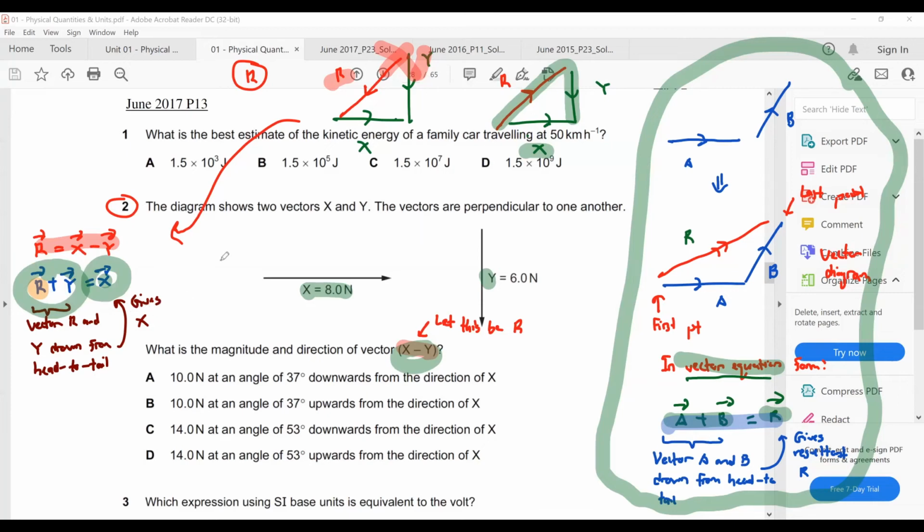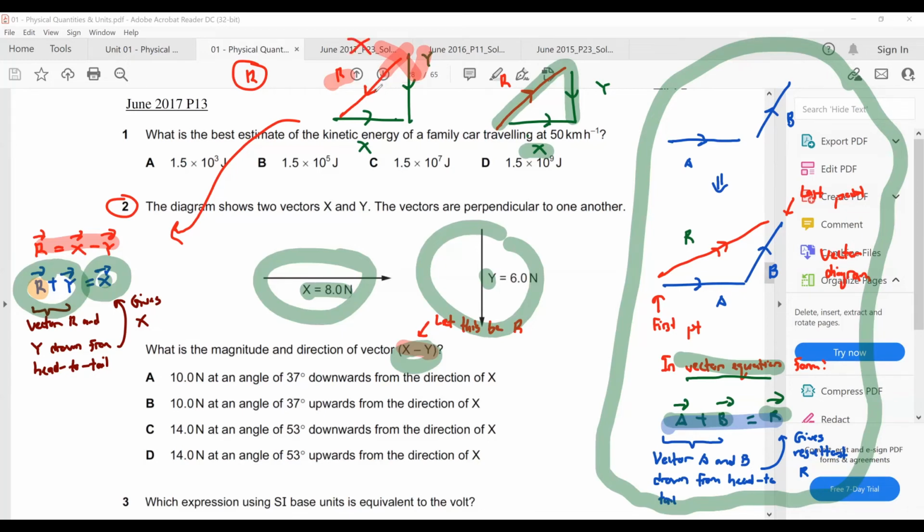So from the existing vectors that are given to you, you try to draw it out, and then you try to see that missing vector. How should it be drawn such that it is actually drawn head to tail with r and y to give you x? So in this case, you will notice that drawing it this way, like the diagram on the left, is wrong.